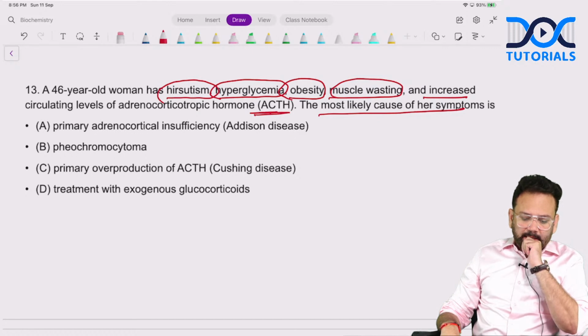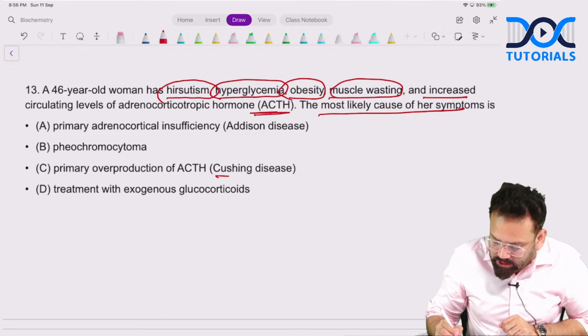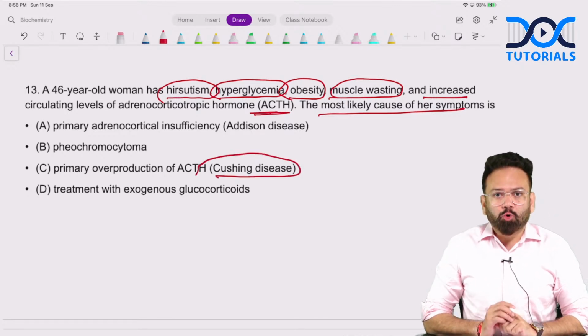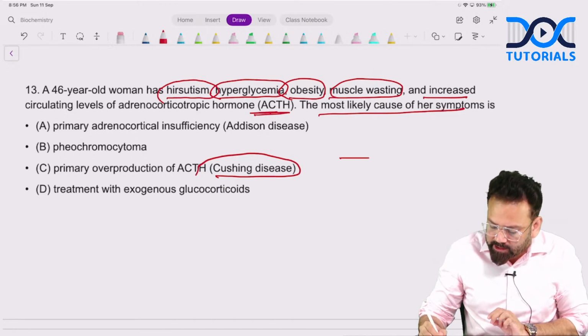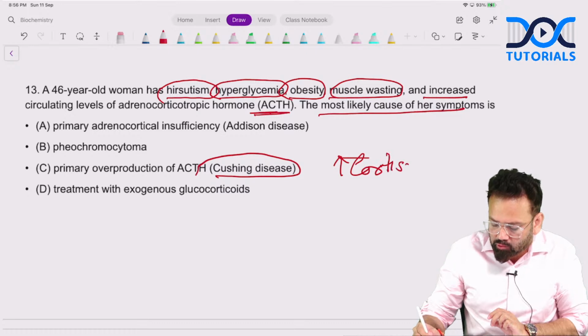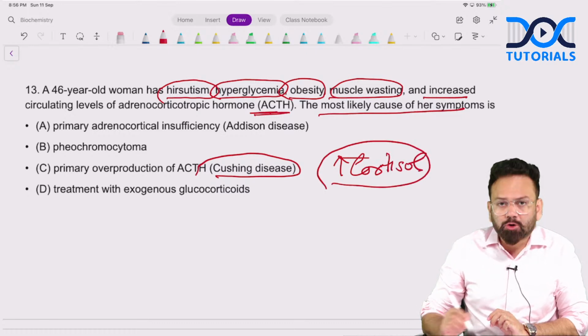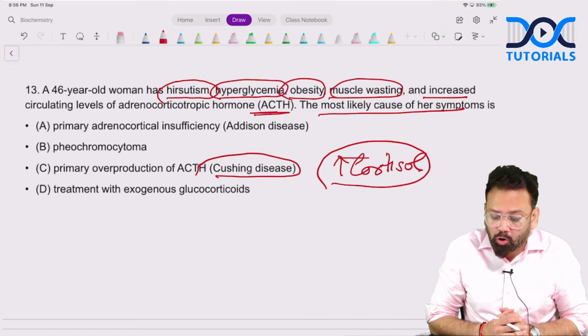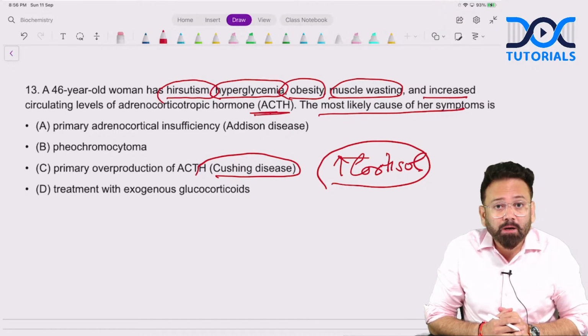Visesh Sen is saying C. Okay, excellent. Answer is Cushing disease. Very good. Cushing disease has excessive cortisol, and cortisol is a hyperglycemic hormone.